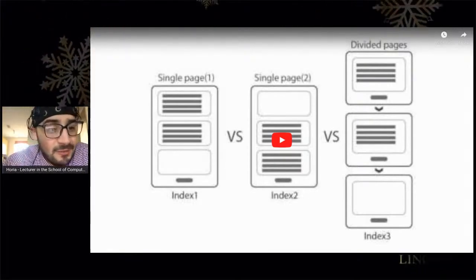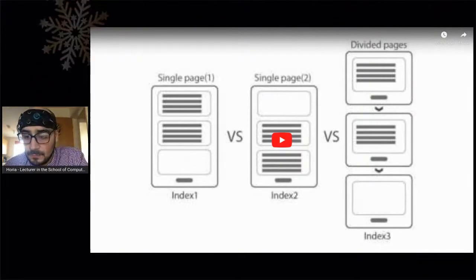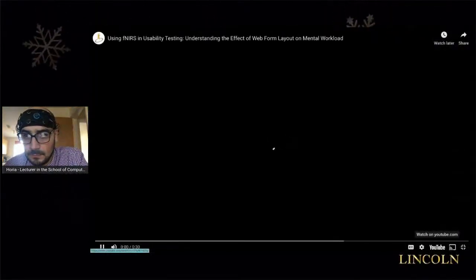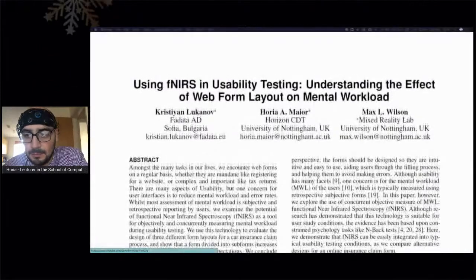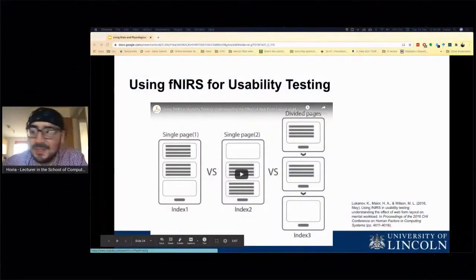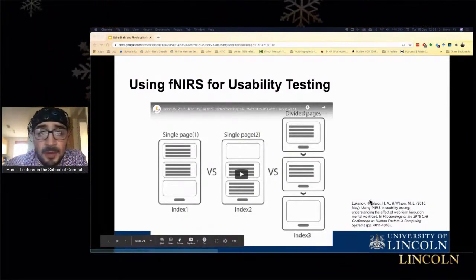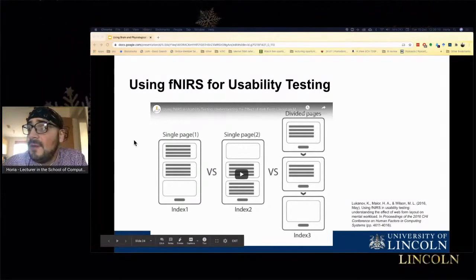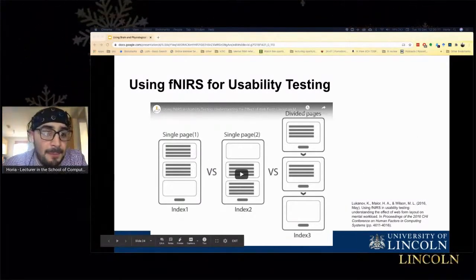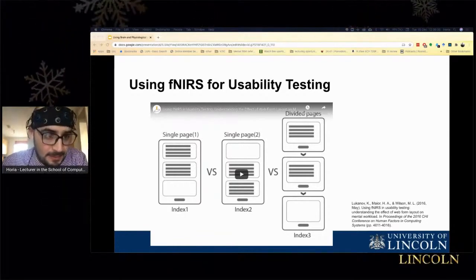So this was just to give you a little bit more context, but what we found was that there are different ways in which you can support the operator, and if the form has a particular design, it will impact participants' performance.